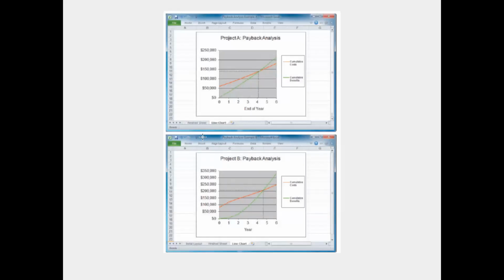So this we will do in our interactive session another day. But for the time being, we can see that it's very close to year number 4. So that is the payback period for project A. And then for project B, you can see it's the middle of 4 and 5.